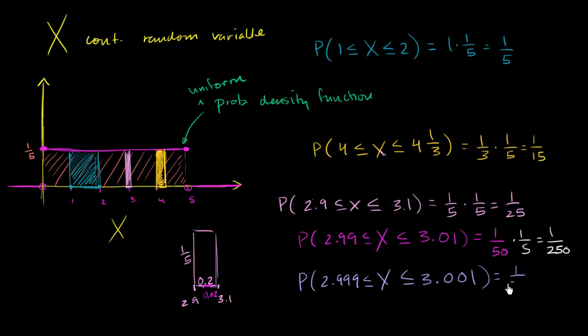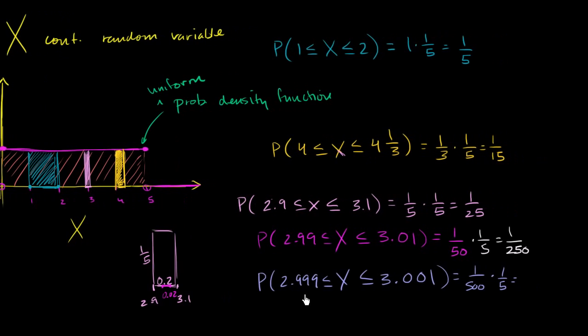So it's now going to be 1 over 500 times the height, 1/5, which now gives us 1/2500th. So you see we're getting closer and closer to x being exactly 3, and our probability is getting lower and lower as we narrow our range, as we start getting really, really close to 3.